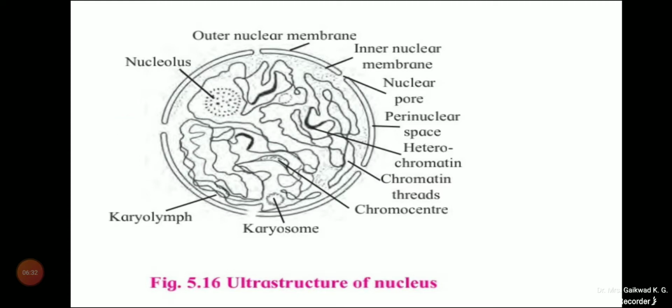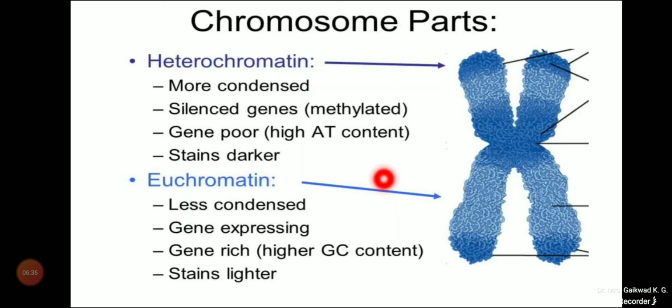Now let's see the structure of chromatin. The nucleus contains genetic information in the form of chromosomes, which are nothing but DNA molecules.